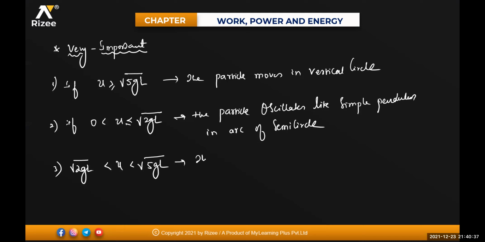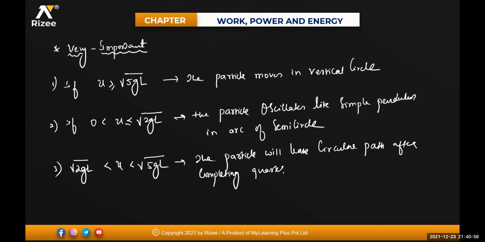So the particle will leave the circular path after completing quarter circle and before completing semicircle.